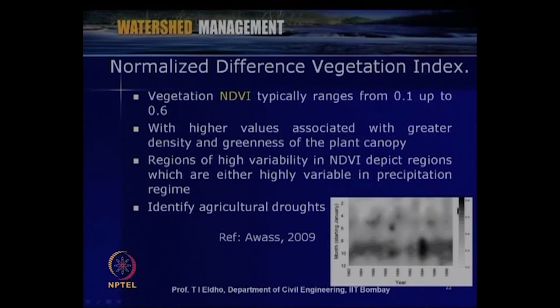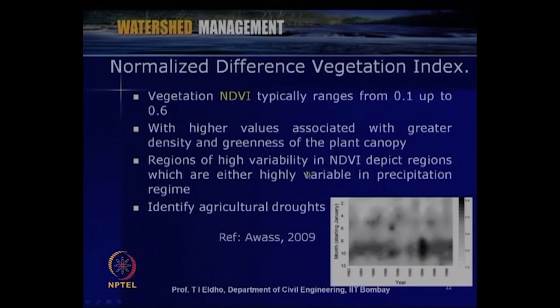So, if this value is high, wherever you can see, for example, this is also taken from Avas 2009, wherever this black area is more intense, the intense vegetation is there. So, there we will be having higher NDVI, and wherever this is white, it is lowest.